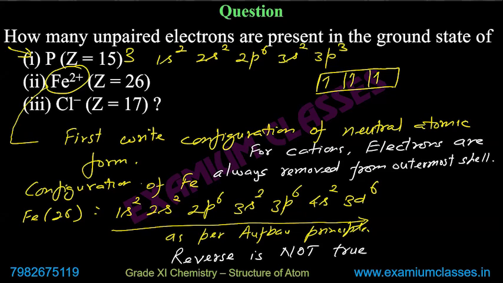Write it somewhere. It means the electrons will not be removed from here because reverse is not true. Rather, electrons will get removed from here.